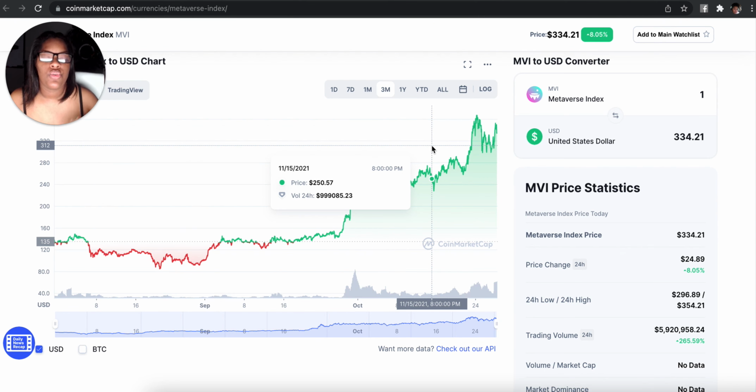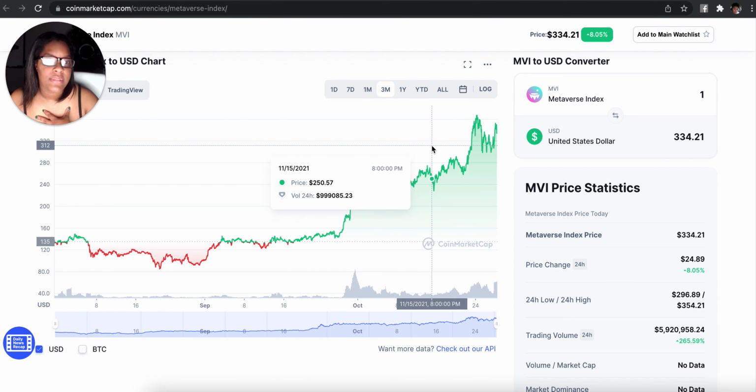So you really want to keep up with the trends. Even the NBA is getting involved. NFL is getting involved. They're getting involved in the crypto space. And so that means if you're into the sports world, the entertainment world, you need to be getting involved in that. And you can even be placing bets on this stuff. Okay, so that's how I am looking at the Metaverse Index.